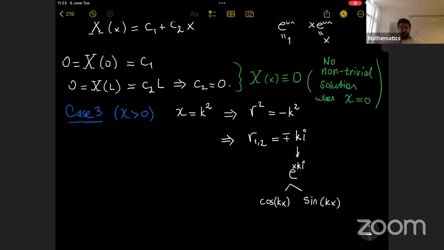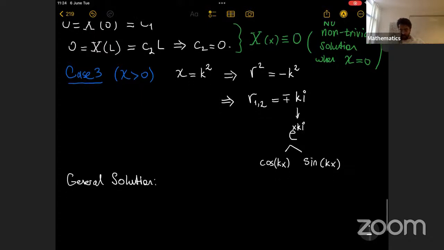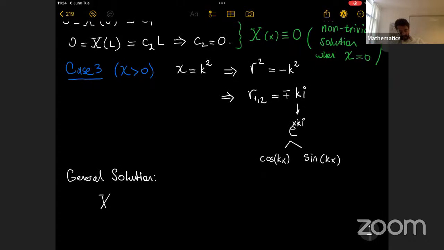We take the real part and imaginary part of this complex solution, and we get two real solutions from one complex solution. Let's write the general solution. So the general solution in this case, we have x of x is equal to c1 cosine kx plus c2 sine kx.